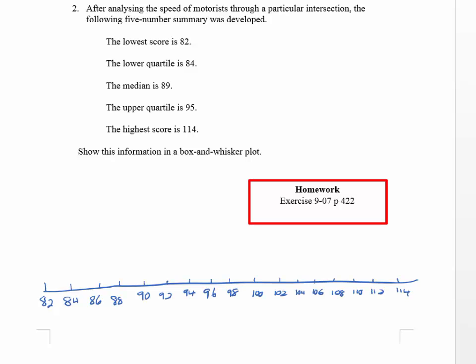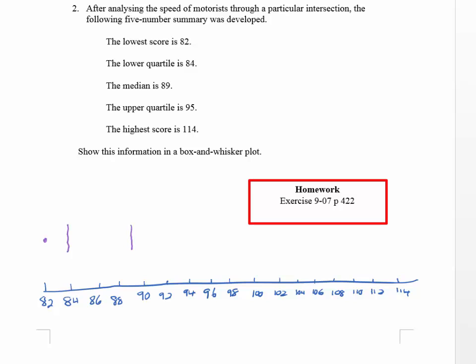So here's a good thing about computers and technology. The numbers have suddenly appeared and we can draw it. So what we're looking for is the lowest score. In this case the lowest score is 82. So we can put a dot there. The lower quartile is 84, so we draw a straight line there. The median is 89, so we draw a straight line there.